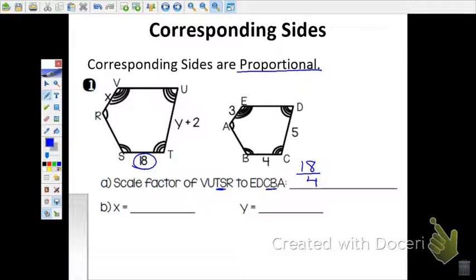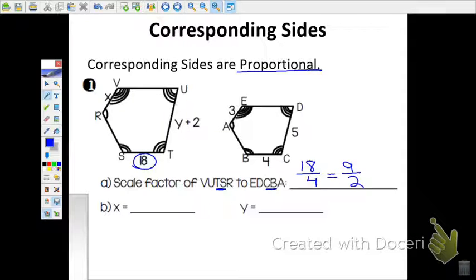But that needs to be simplified. So it reduces or simplifies to 9/2. So that is my scale factor of these similar polygons. Okay.